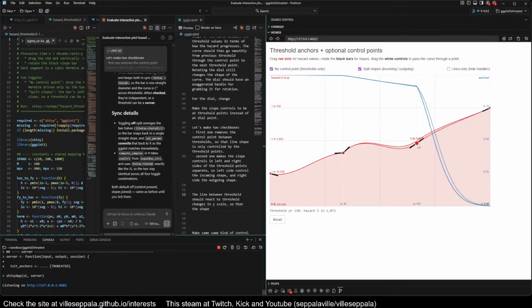Let me move this down, move it up a bit, and then it goes down here like this.